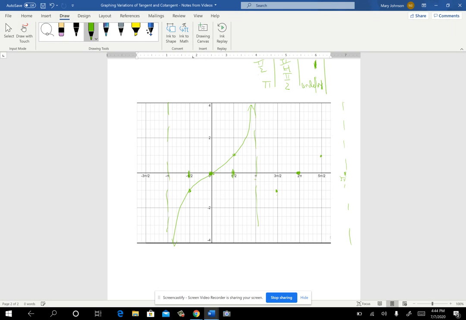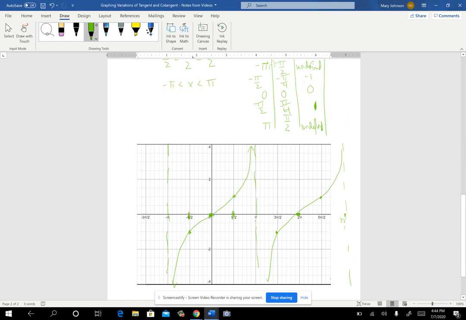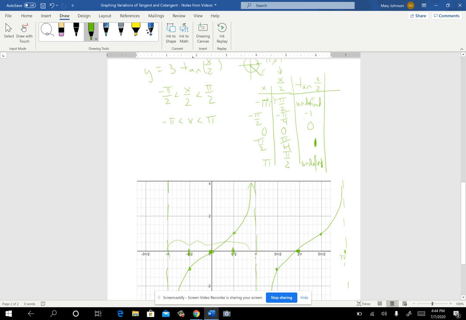Here I'd be up at positive 1, so it's going to repeat. It's just more stretched out because the new period was 2 pi. The new period was pi minus negative pi, which is 2 pi. So it just stretched it a little bit.